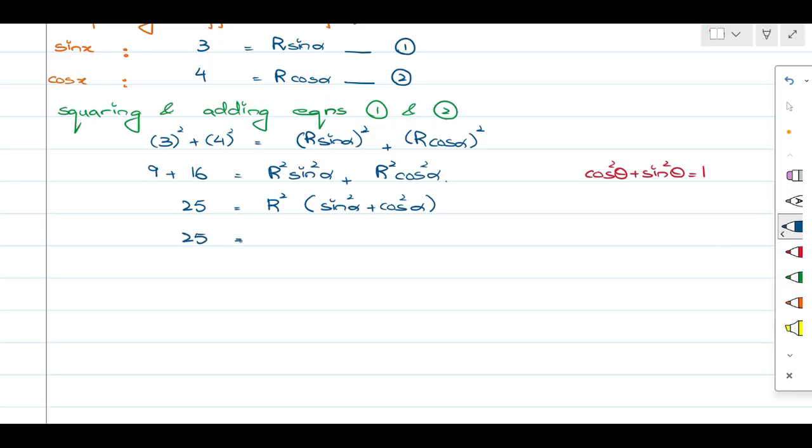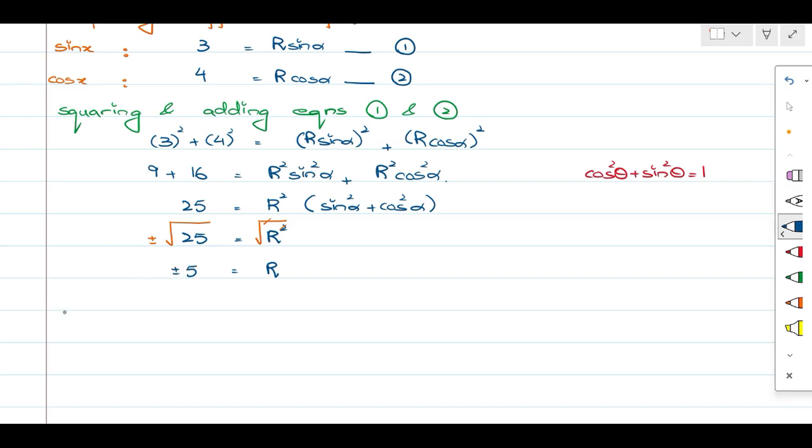So 25 is equal to r square, and to get the value of r we need to take the square root on both sides. Whenever we take the root on both sides, the answer should be plus minus, right? Now this square and this square root cancel out. Here we are left with r, and root of 25 is plus minus 5.